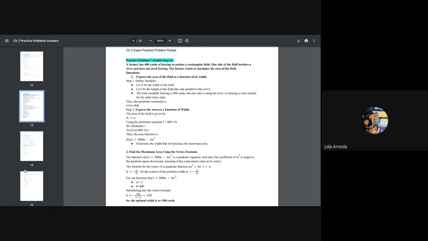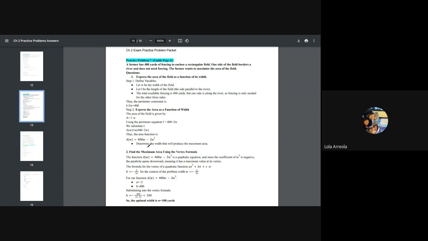And then again, how did we write L? L is equal to what? 200 minus 2W. So instead of writing L, I could also write 200 minus 2W. What is W? I know what W is. W is equal to 50.